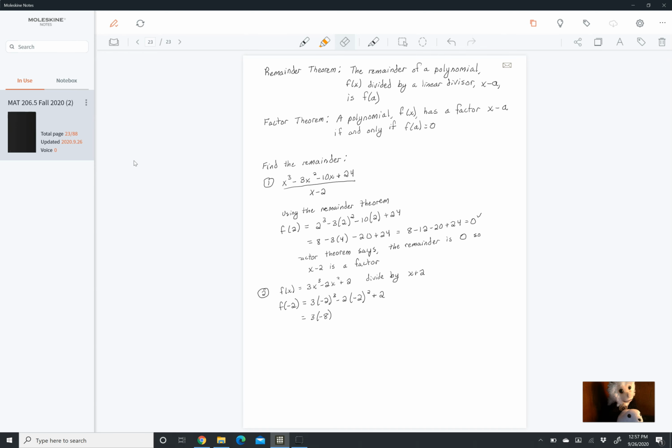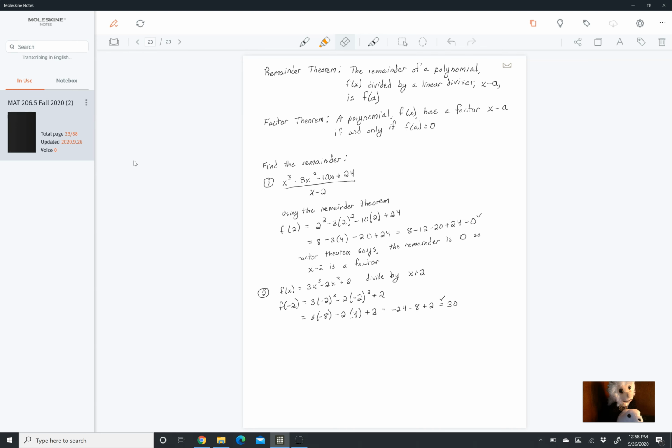Order of operations, exponents come first. Minus 2 times positive 4. Okay, you're squaring the negative 2. A negative number squared turns out positive. And then we're adding 2. So we get negative 24 minus 8 plus 2, which does in fact give us negative 30.